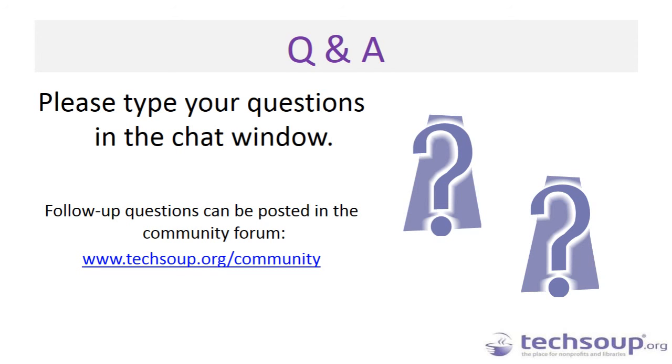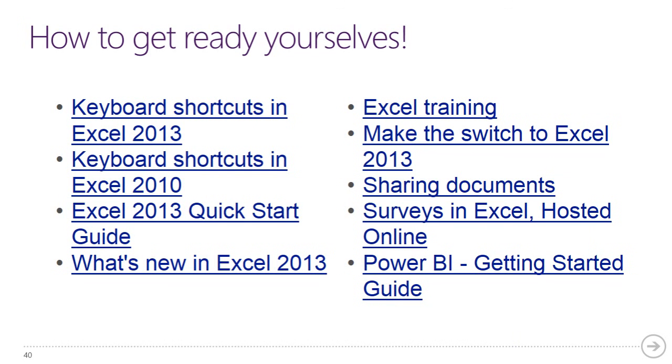For folks asking about Office 2010, and whether or not some of these features apply, because we have so many people on different versions on the line, it's really hard to parse out which features are available in which versions. The links that Todd showed a little while ago, I'm going to just pop back to that page, have some resources here for those of you who are on 2010 or 2013.